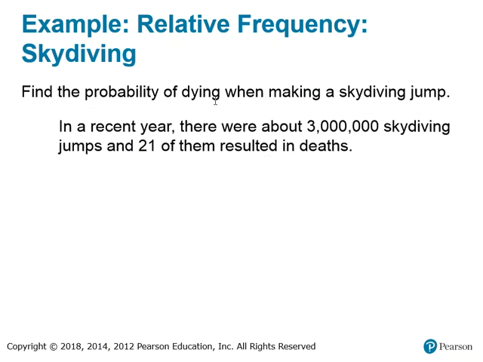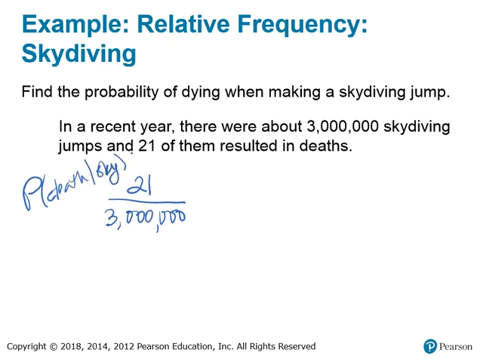It would be 21 times that we would die out of the total times jumped. Total times jumped was 3 million. So the probability of death when you skydive is 21 out of 3 million, which reduces to 7 out of 1,000,000.